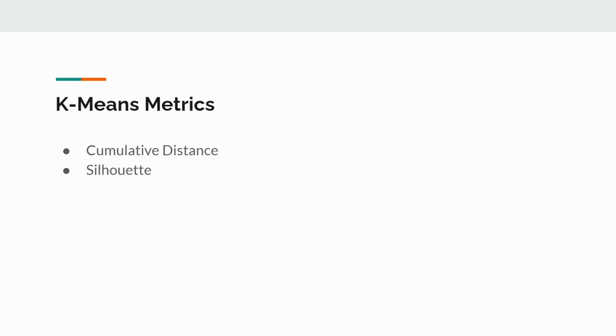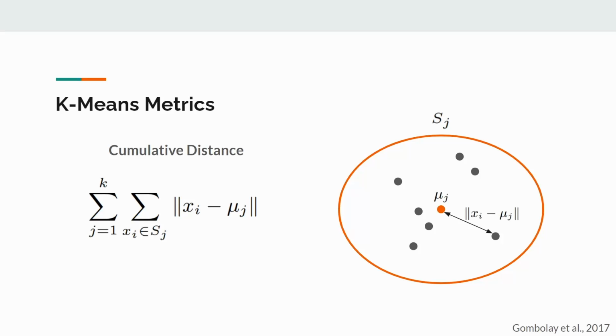So after this work conducted the K-means unsupervised algorithm, there are 2 metrics that this work employed to try and find an ideal value for the number of clusters. One is the cumulative distance, and the other is the silhouette. The first shown is the cumulative distance, and this should look really familiar.